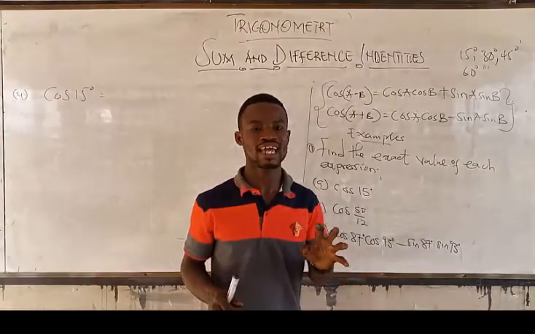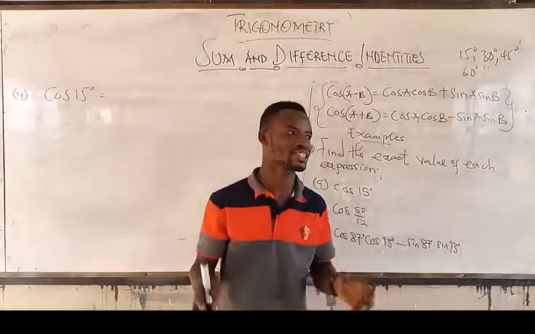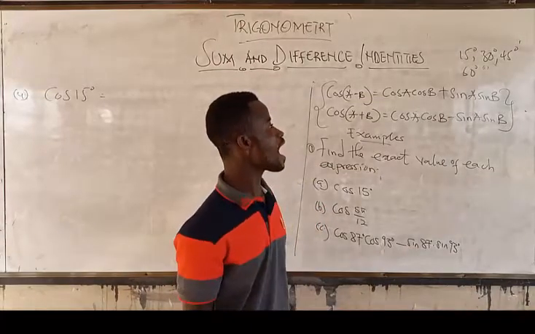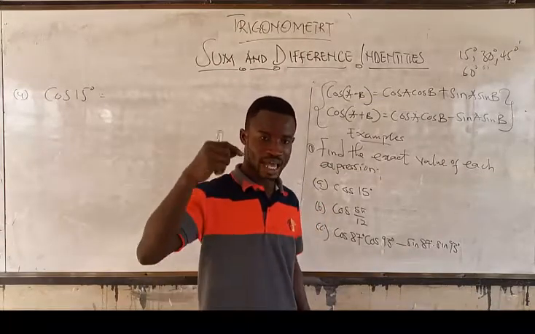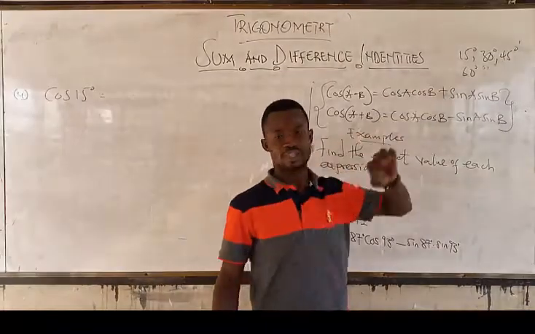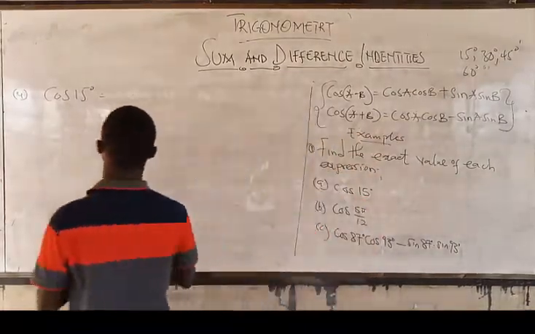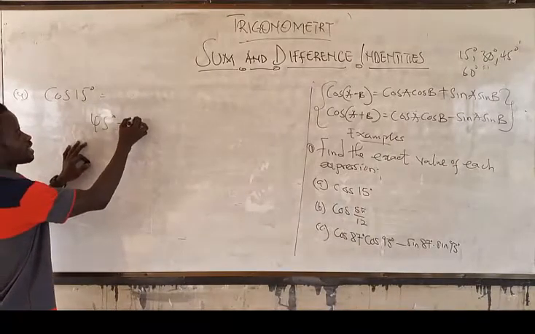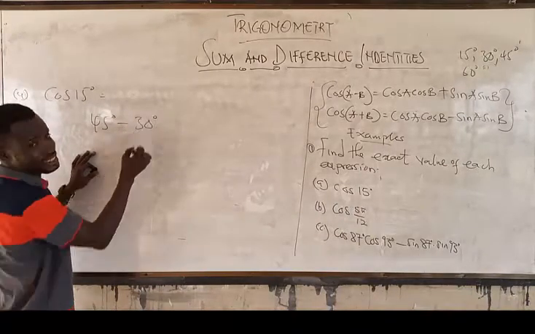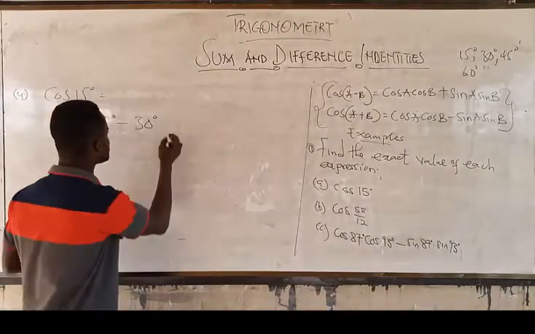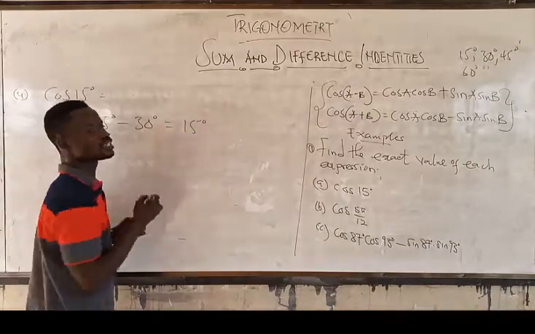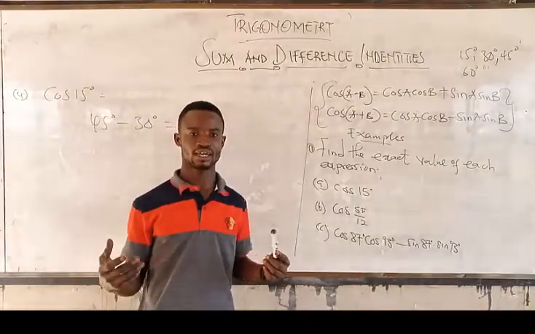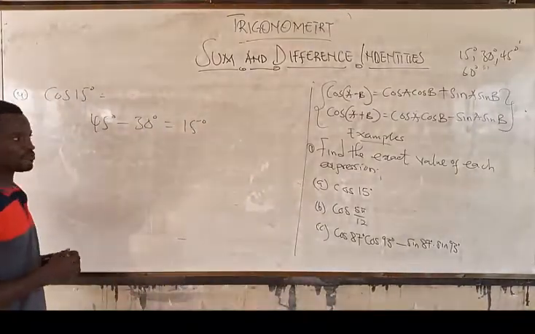It's not any two angles that you can pick, but they should have known reference values, like what we have here. Looking at this, you can see that 45 degrees minus 30 degrees is going to give you 15 degrees. So using this will be very helpful.